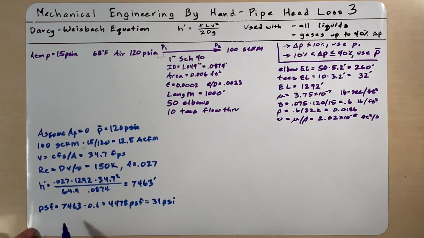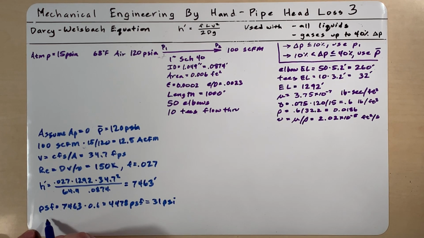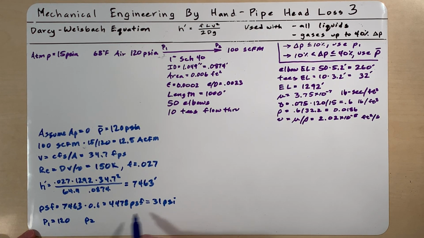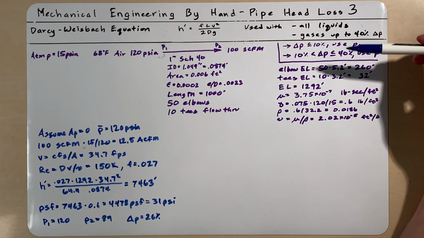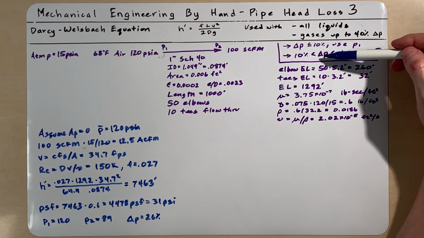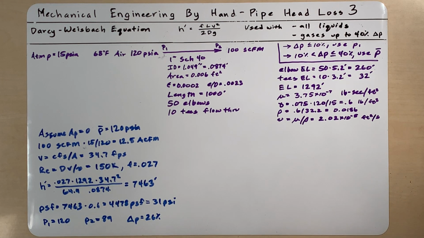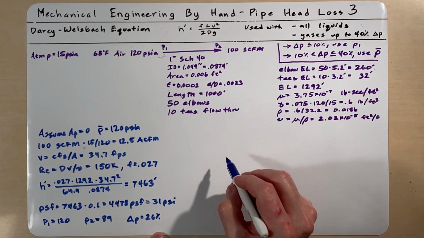Okay, so in this assumption, P1 equals 120, and then P2 is that minus our pressure loss, so 89, and our change in pressure is 26%. So we're in this category where we need to recalculate using the average pressure. So let's do that over here.